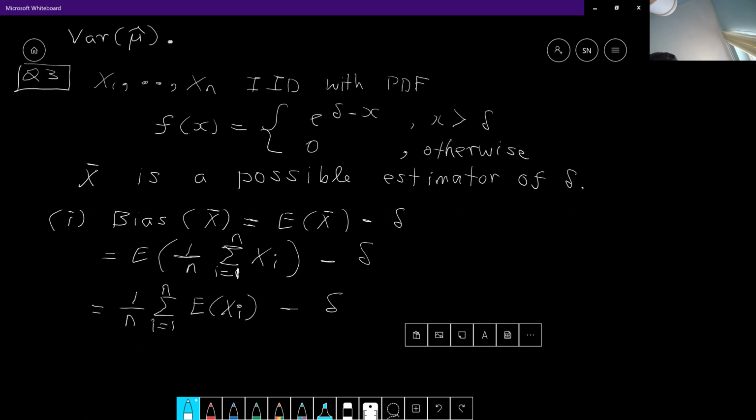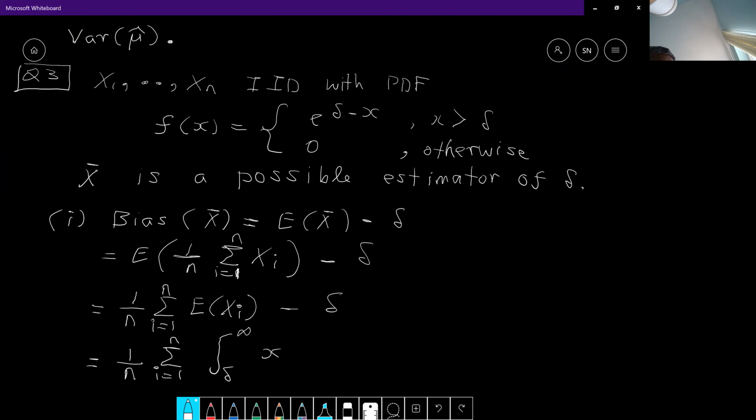Now to find the expectation of xi, you have the PDF, so you need to do integration because you're dealing with a continuous distribution, right? You need to do the integration from delta to infinity of x times the PDF, which is this dx, minus delta.